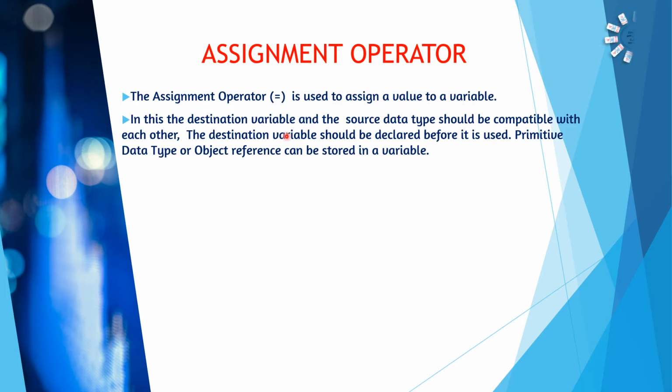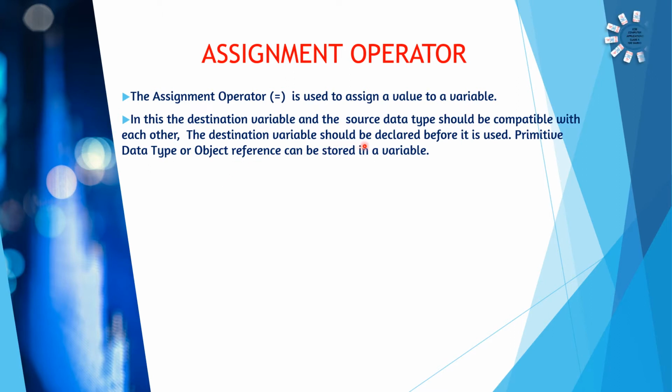And in this, the destination variable and the source data type should be compatible with each other. For example, if we are declaring a variable as int A, in that only an integer number can be stored. For example, int A is equal to 25. It cannot store a decimal number. If we are saying int A is equal to 30.5, this will create an error.